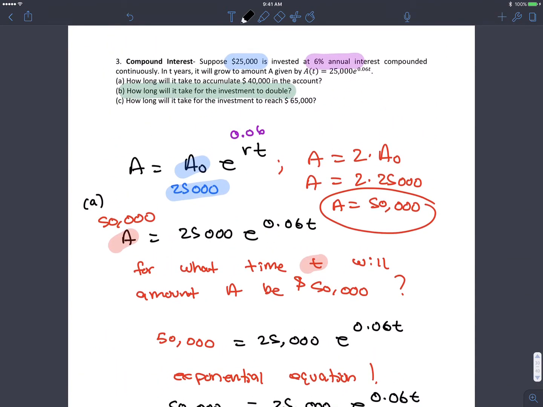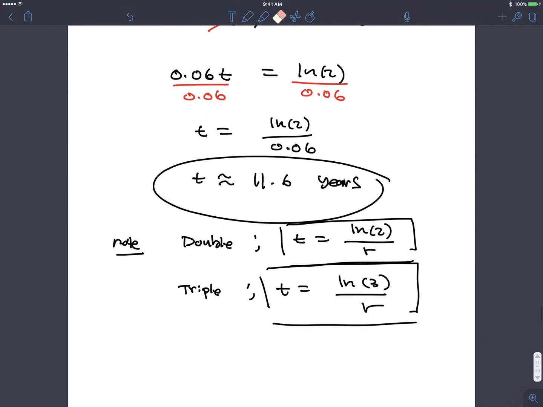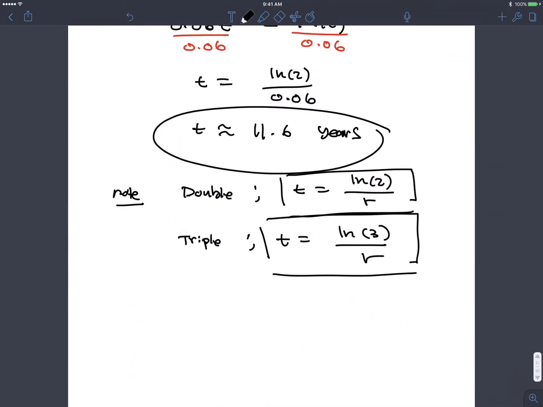Question C is not to triple. If we did want to triple, by the way, the time will be natural log 3 over that rate of 0.06 for this problem.